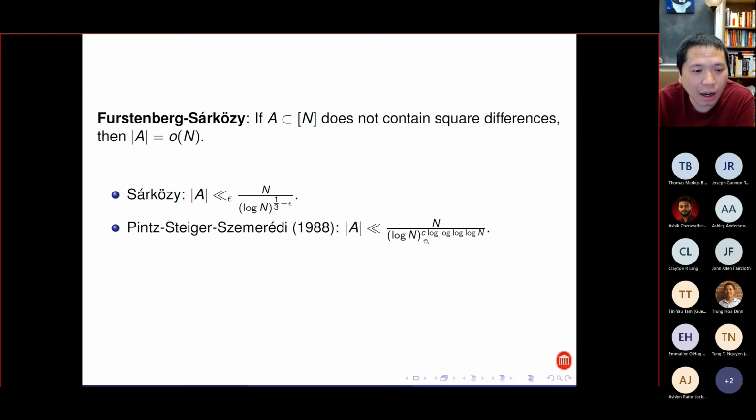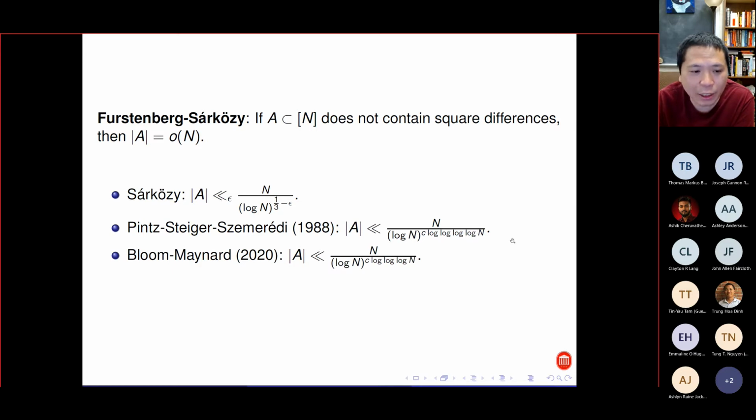And we can do much better than this. Pintz, Steiger, and Szemerédi proved that the size of A is smaller than n over log n to some power. What is important is that this power goes to infinity, so it's much better than one third. This is very good, but the proof was very difficult.